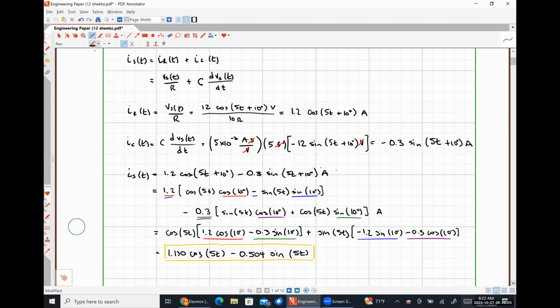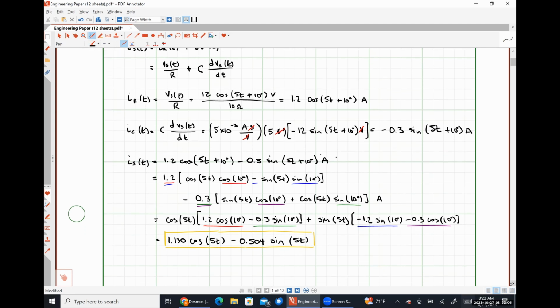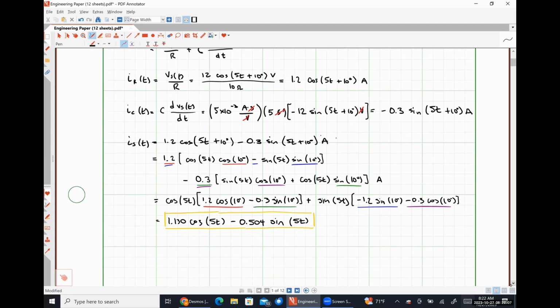So the form that I am expecting, just to reiterate, is some magnitude I_m cosine omega t, which in this case, omega is just 5 radians per second, plus some phase angle theta_I.